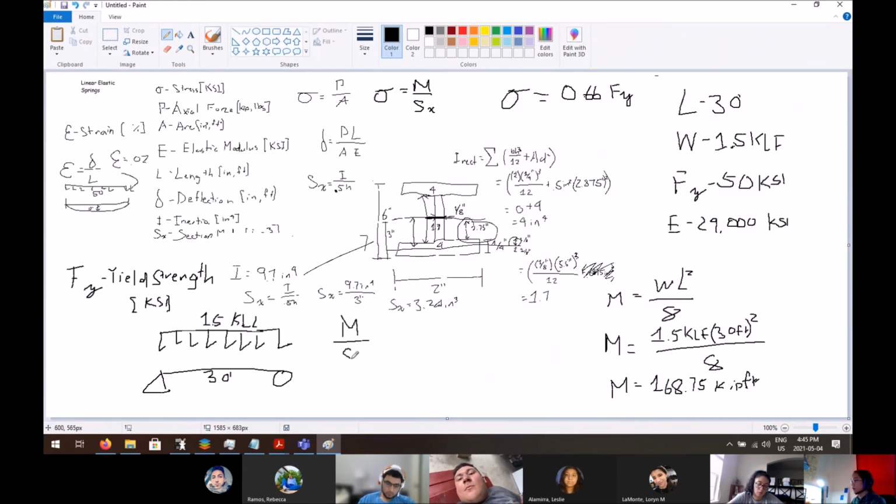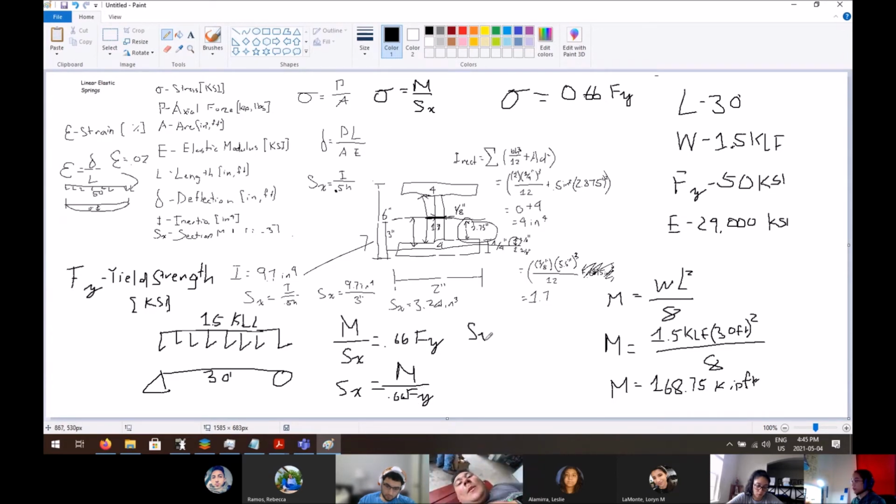So M over section modulus is equal to 0.66 Fy, right? So now we can move this to the other side, so Sx equals moment over 0.66 Fy.